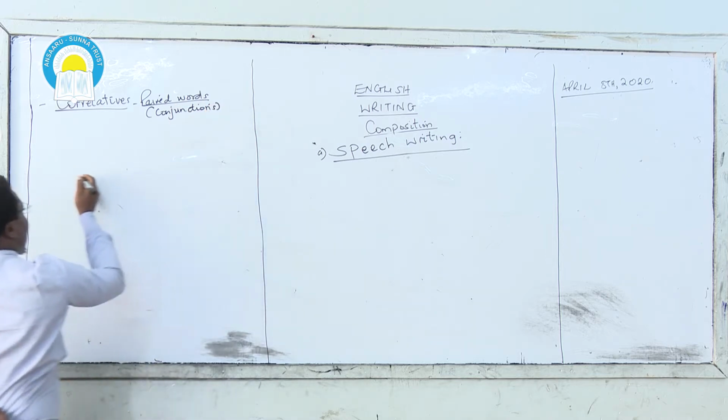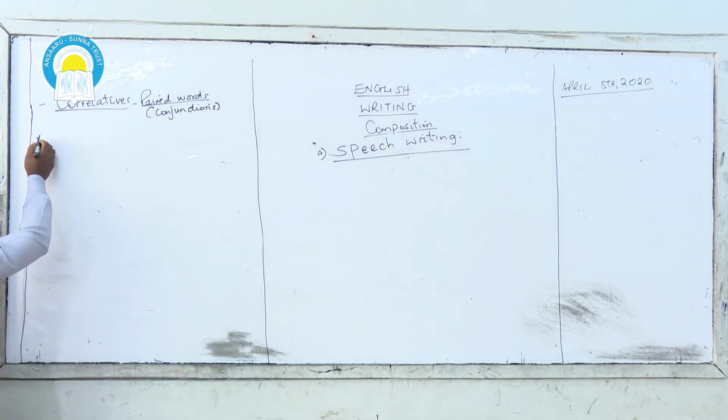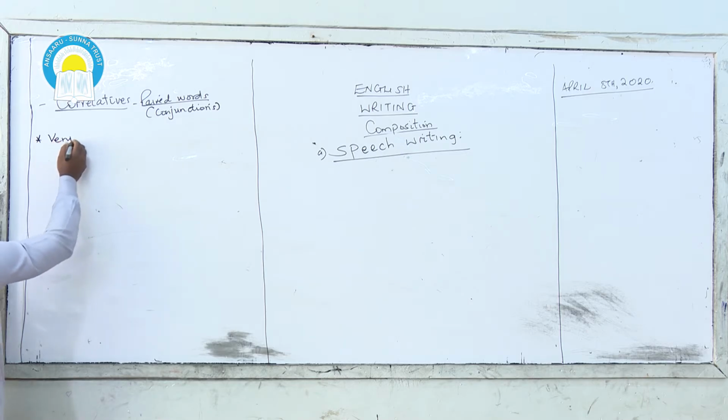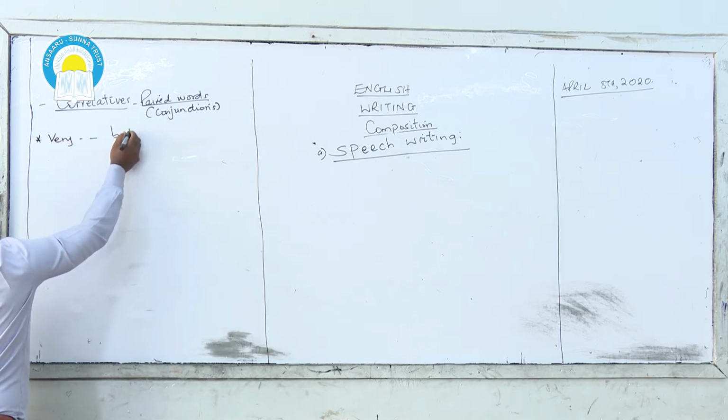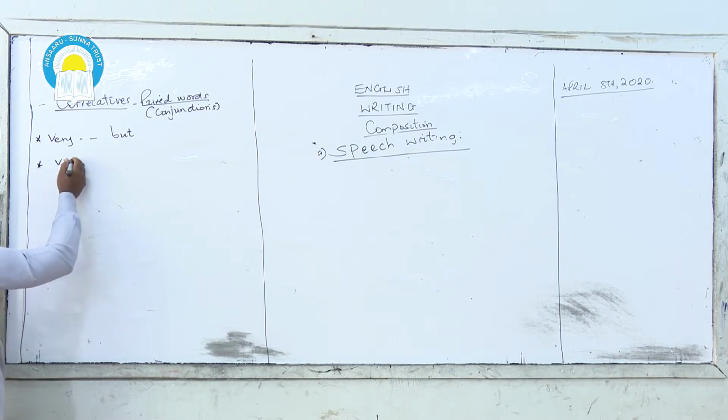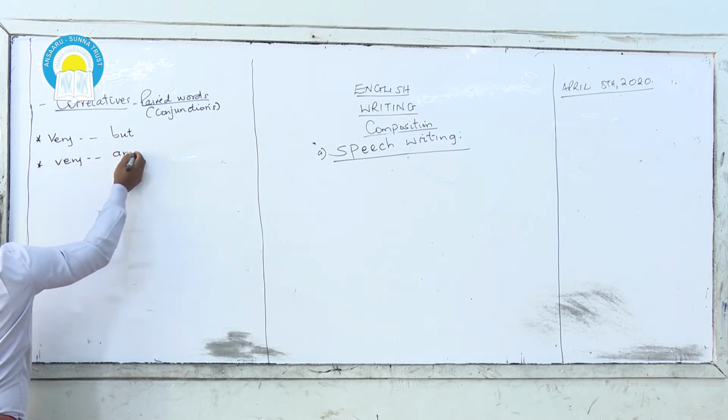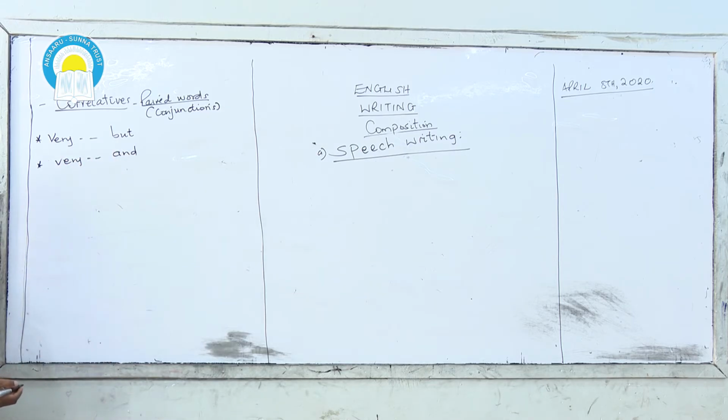To be particular, we were to wind up by looking at the use of 'very but' and also 'very and'. These are the two remaining areas that we didn't capture in our correlatives after capturing the use of either or, both and, neither nor, not only but also among others.